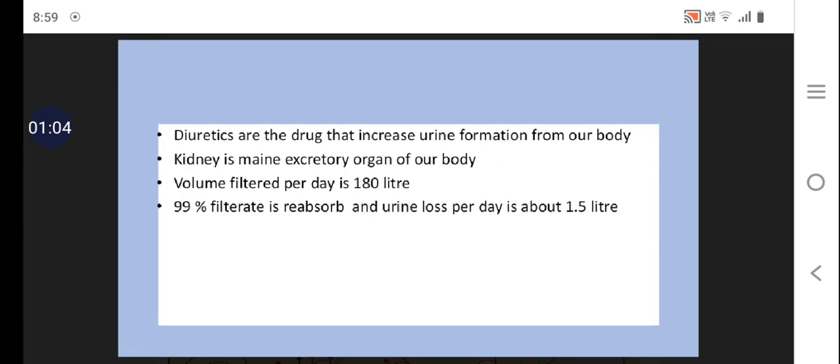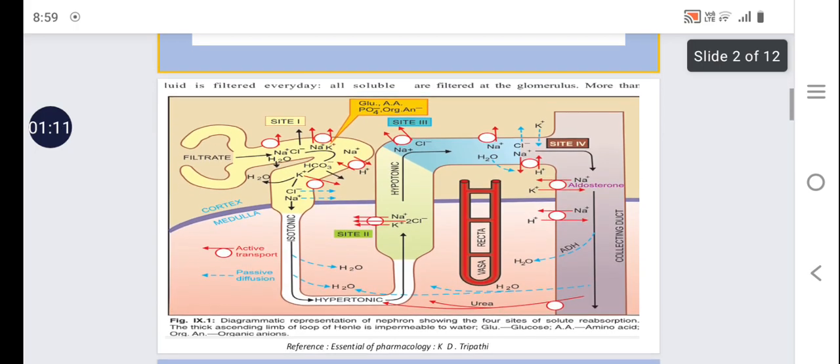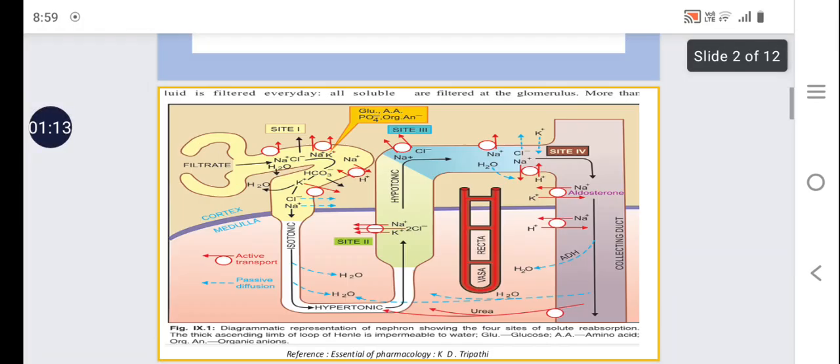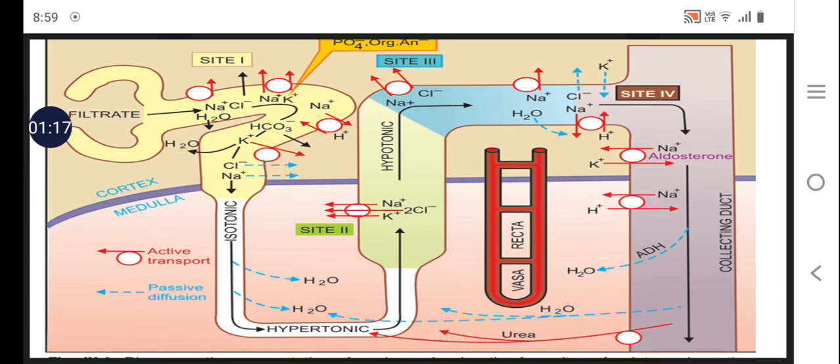As we know, the nephron is the main unit of the kidney. And here in the diagram, you can see the nephron consists of the glomerulus. It is a Bowman's capsule structure.